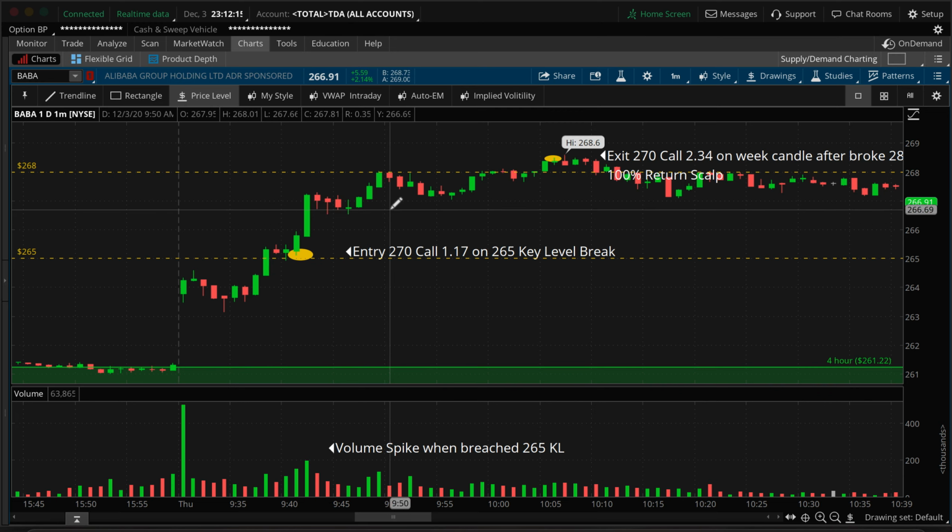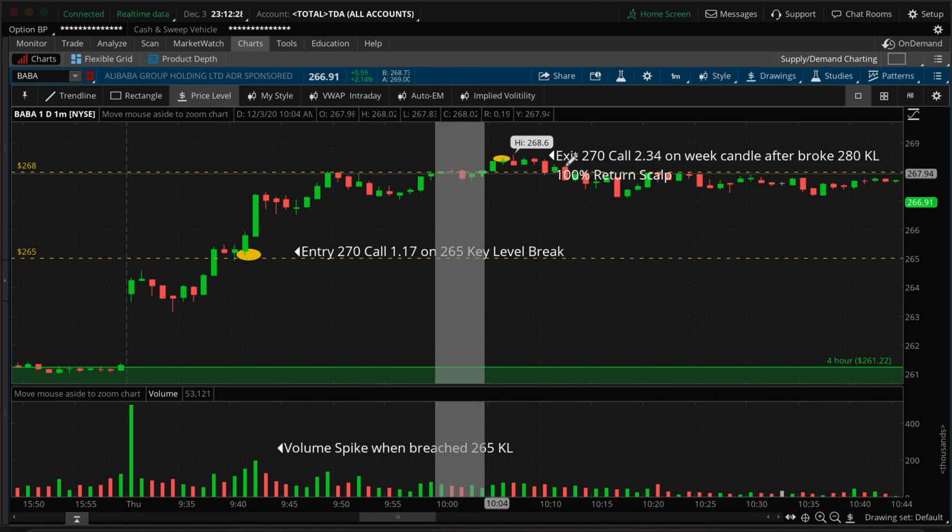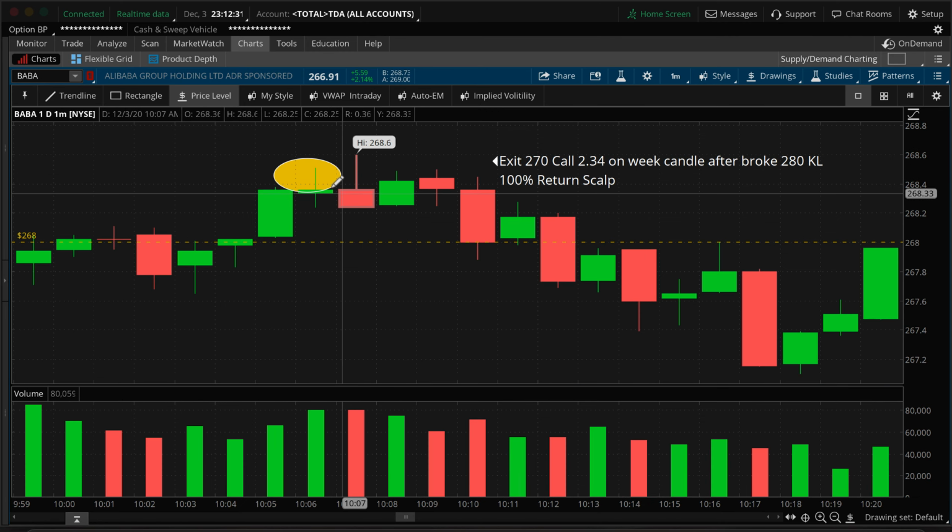So that was my exit strategy, which still would have given me a little bit of profit, but not much. But we still kind of stayed in this zone, and then we hit 268 again, and then I exited for 100% return right around here on this candle when we started showing weakness.